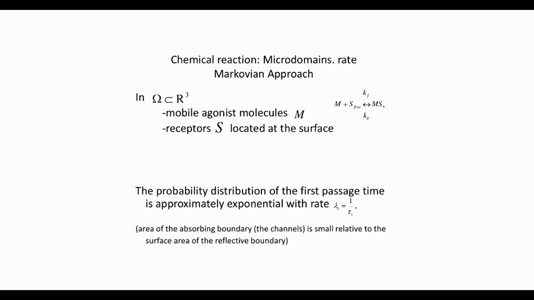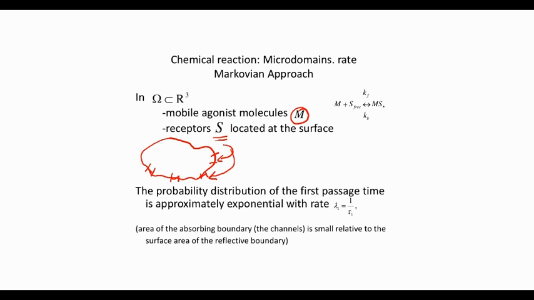about the narrow escape time to look at the discrete version. So you have a domain, you have the binding sites, those are the receptors S, which are located here, and you have M molecules that can move.